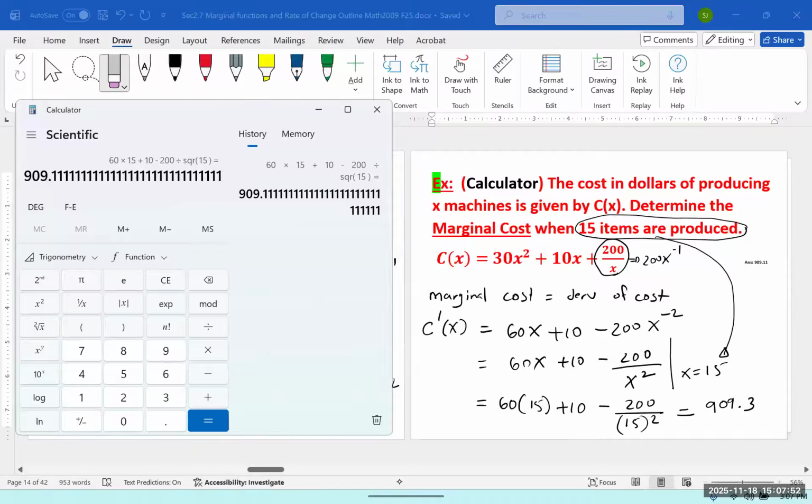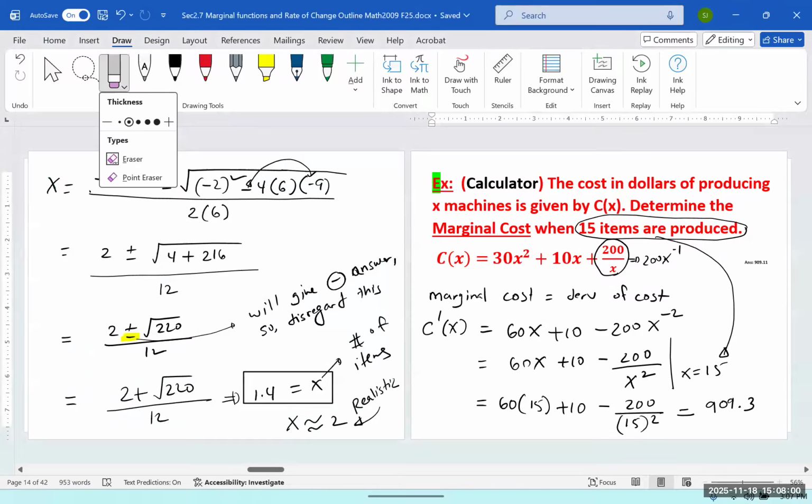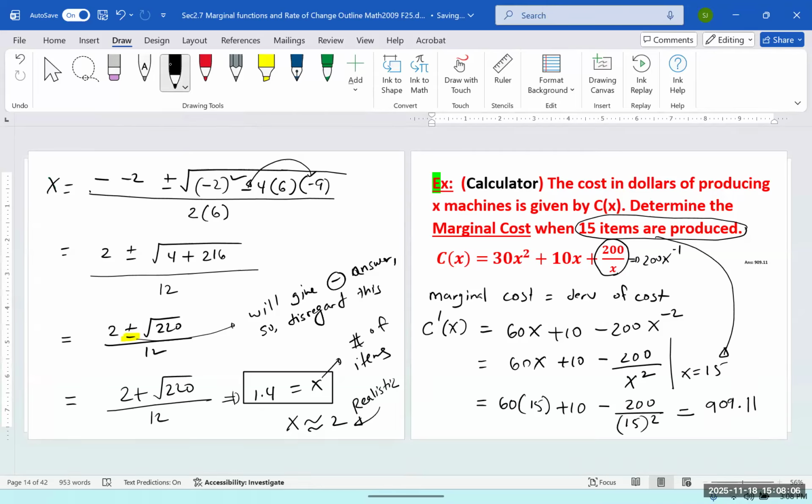How do you get 3? What did you punch? 15 squared. Yeah, it's 225. 15 squared is 225.